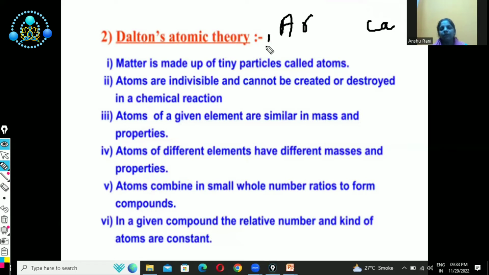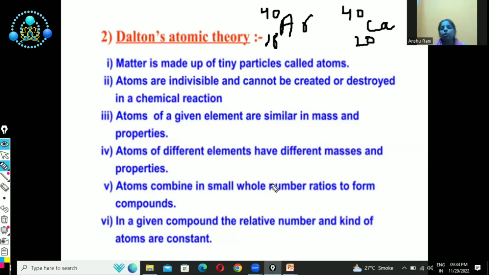Both have different atomic numbers. Argon has atomic number 18, mass number 40. Calcium has atomic number 20, mass number 40. So these are atoms of different elements having different atomic number but the same mass number.